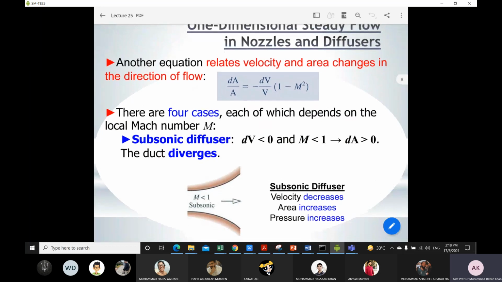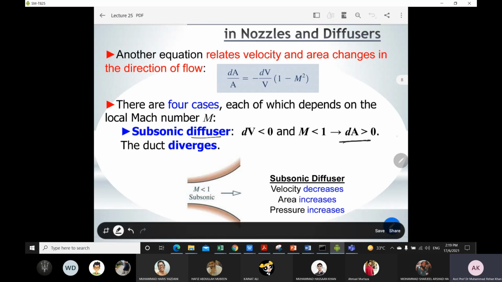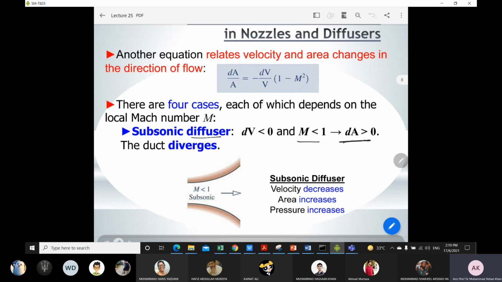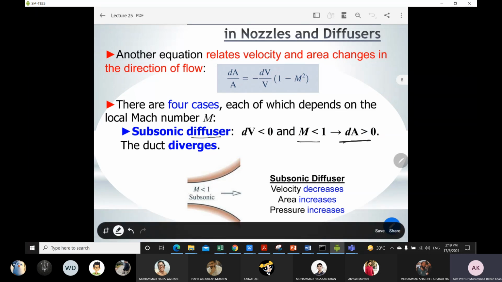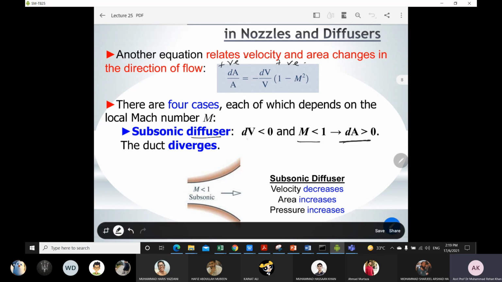So now coming towards case number 4. In case number 4, we have the subsonic diffuser. Subsonic means that Mach number is less than 1. So if you can just figure it out, this is for the diffuser. So for a diffuser, dA is greater than 0. Mach number is less than 1, it means this term is positive. dA is greater than 0, this term is positive, and your dV decreases, okay, less than 0.